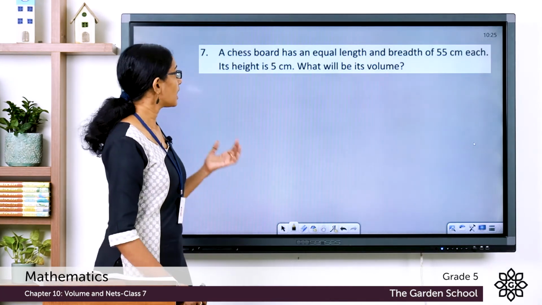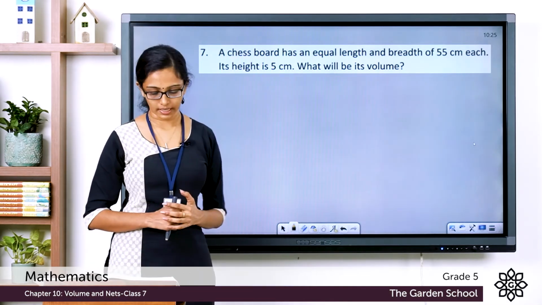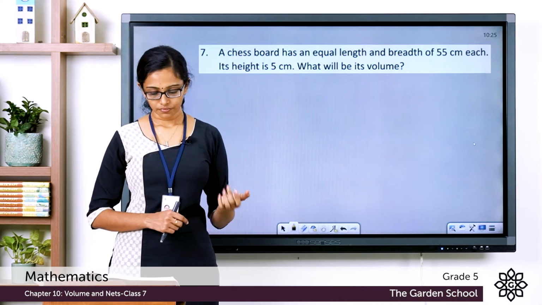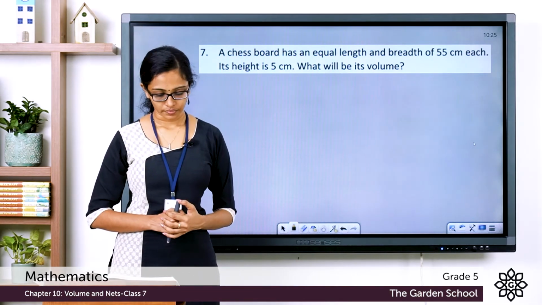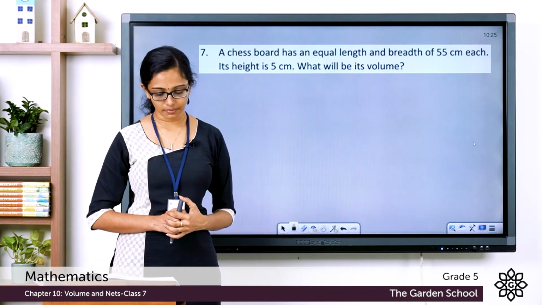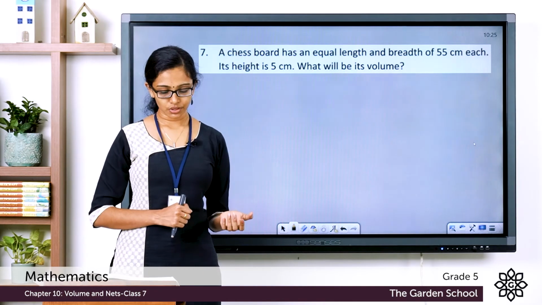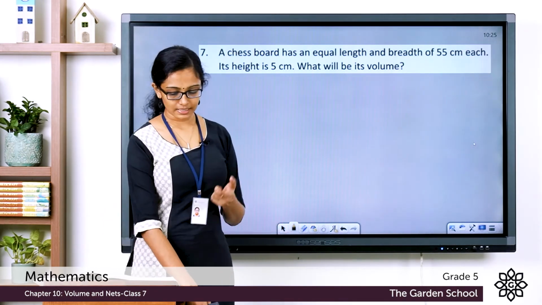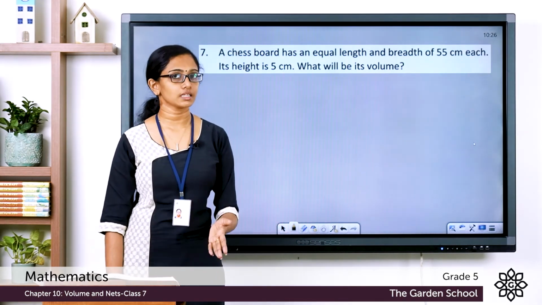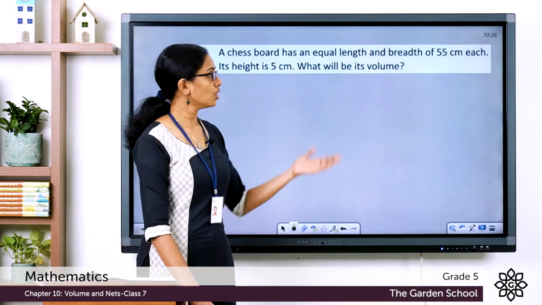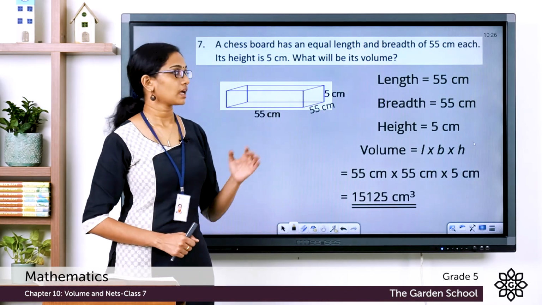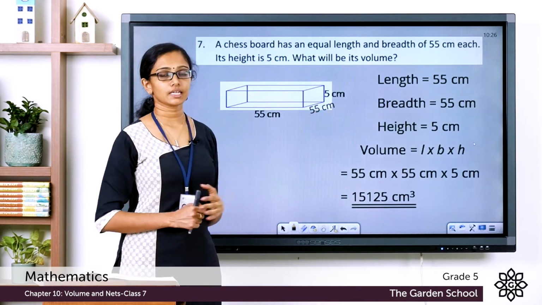Now, let's move on to the next question. The last one. A chessboard has an equal length and breadth of 55 centimeter each. Its height is 5 centimeter. What will be its volume? So, the dimensions of this chessboard are given and it says that the length and the breadth are the same and it is equal to 55 centimeter and the height is equal to 5 centimeter.